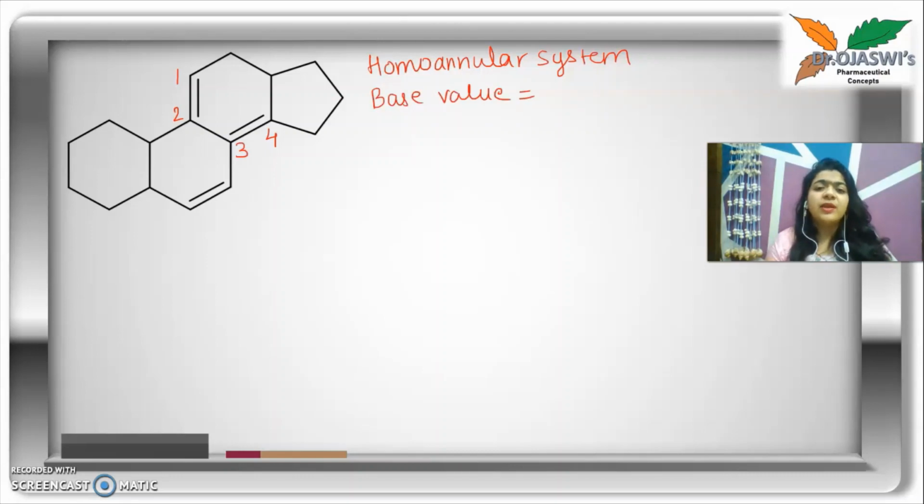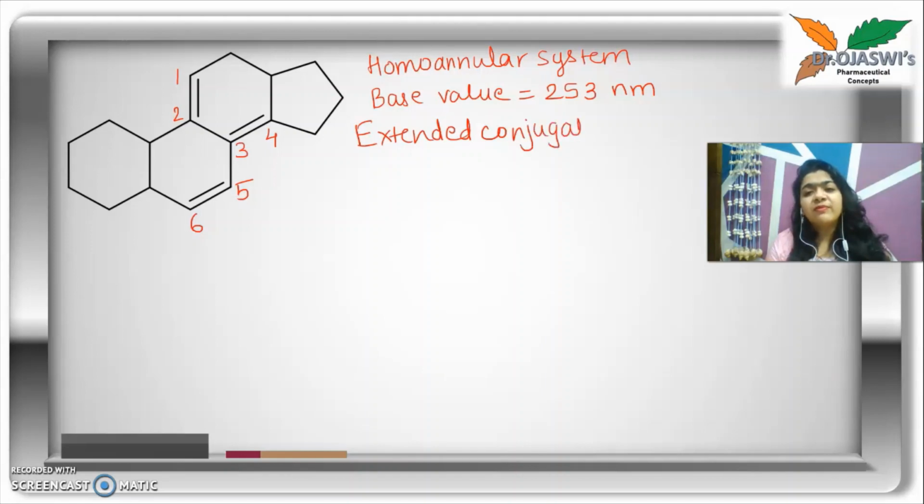Yes, 253 nanometers. So this is 253 nanometers, but I see a third double bond in conjugation. So I number them as 5 and 6, and I am increasing the wavelength by 30 units, which is because of extended conjugation.